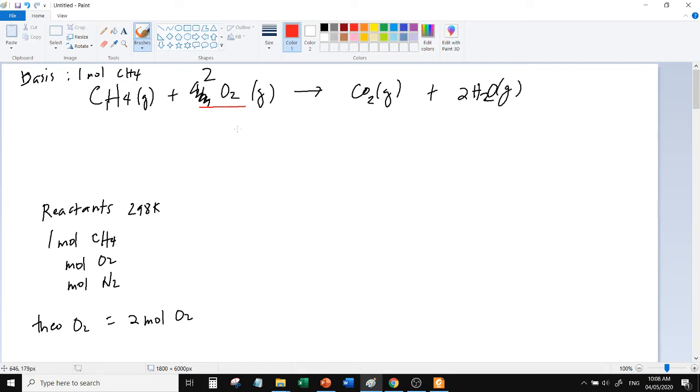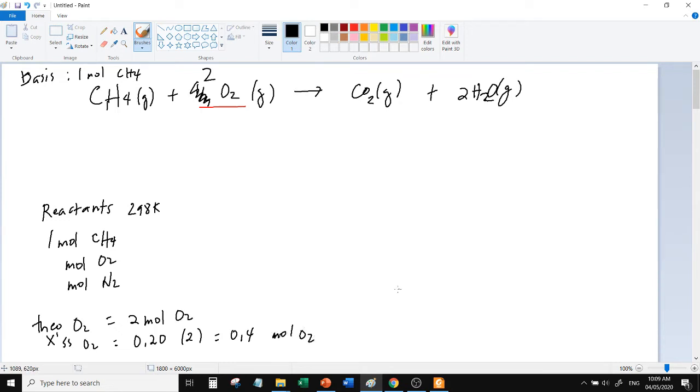Now, let's calculate the excess O2. It's 20% times 2, so 0.2 times 2 is 0.4 mole O2.